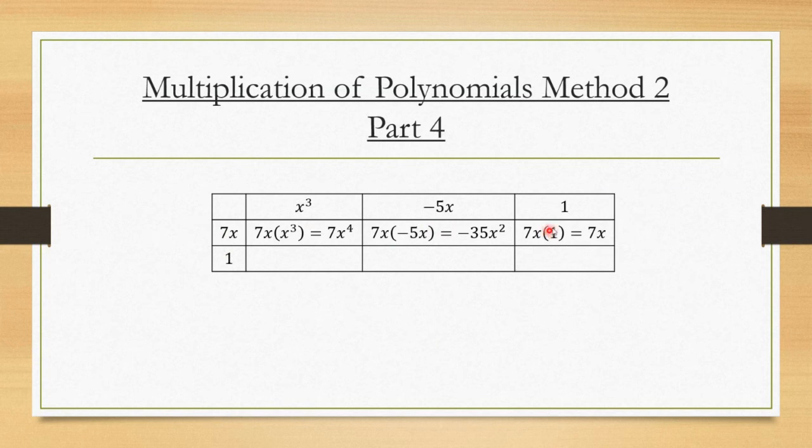You multiply anything by 1, you get the thing itself back. 1 times x cubed, that's going to be just x cubed, right? So we're multiplying row times column term. For the next one, we have 1 times minus 5x here. And for the last one here, we just have 1 times 1, which is 1.